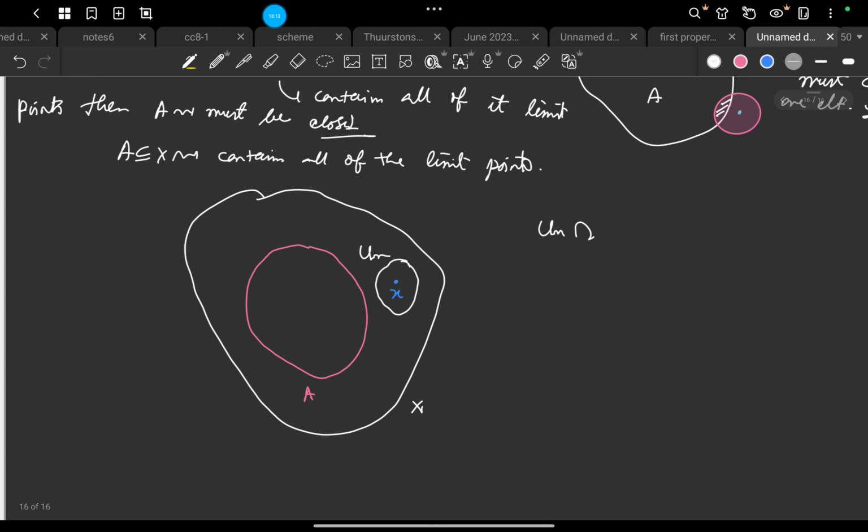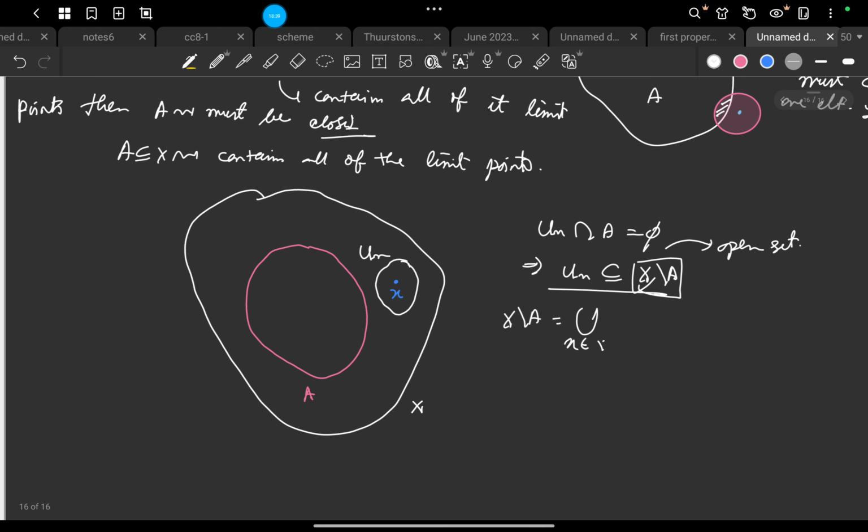So Ux intersection A is empty. That means Ux is a subset of X minus A, the complement of A. So this Ux is completely inside X minus A, so X minus A is an open set. I can write X minus A as the union over small x belonging to X minus A of Ux.